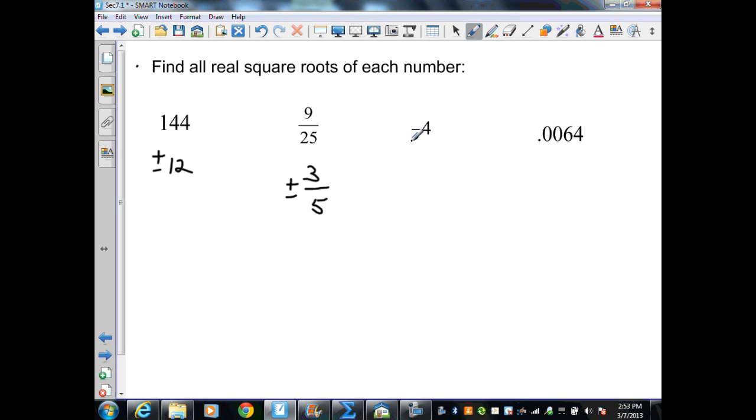I cannot take the square root of a negative radicand, therefore here I have no square root, or none. And last, I have the square root of 0.0064, which I know is 0.08, and since I'm taking the square root, that is a positive and a negative.